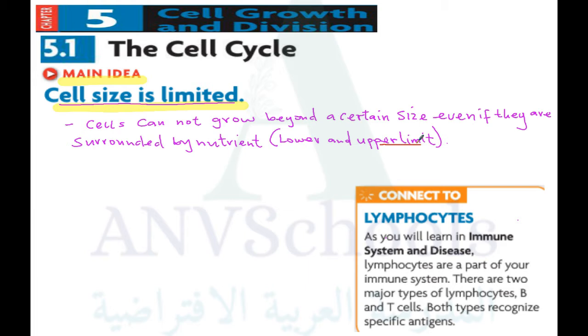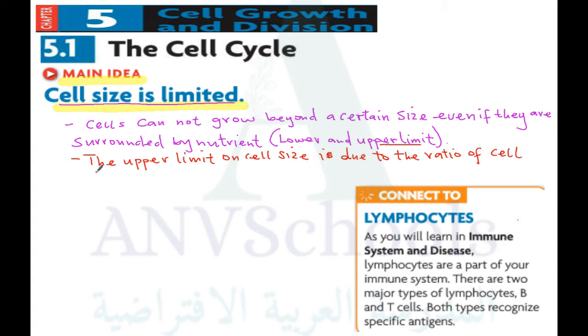The upper limit on cell size is due to the ratio of cell surface area to volume.